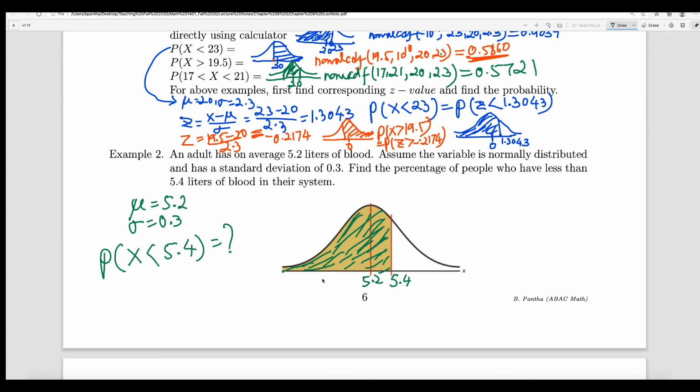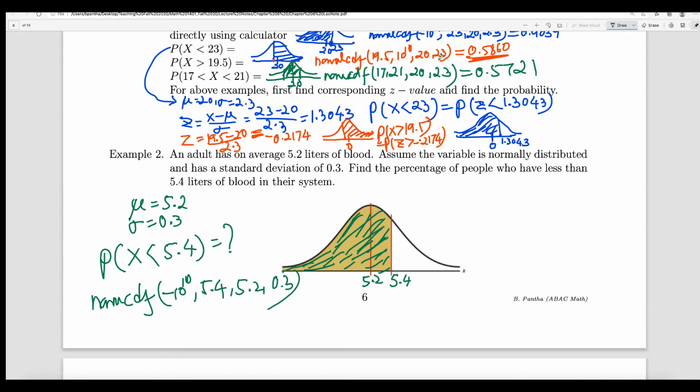That's what we are trying to find out. What is the calculator syntax? You do normal CDF, right? Left bound is negative 10 to the 10. Right bound is 5.4 because you are finding area up to 5.4 from the left. And mean is 5.2 and sigma is 0.3. This is how you do it, right?